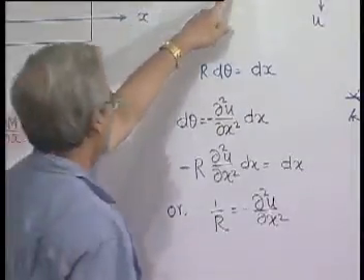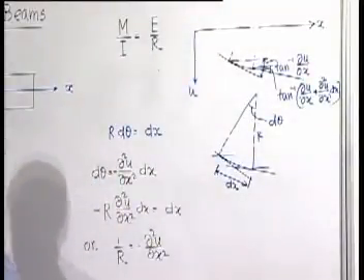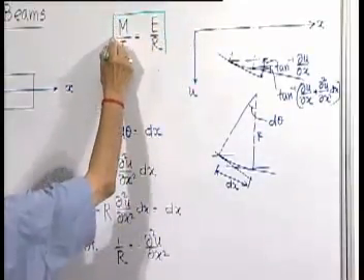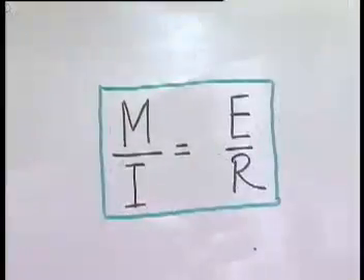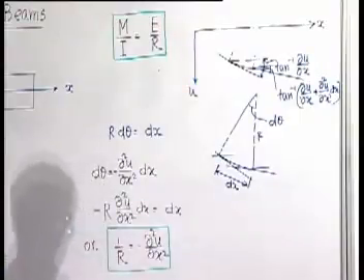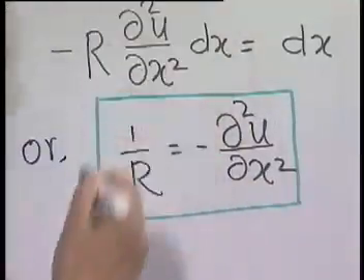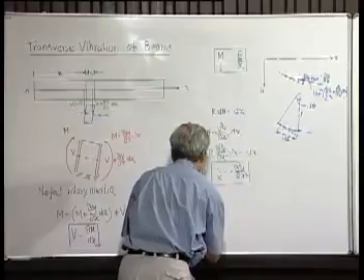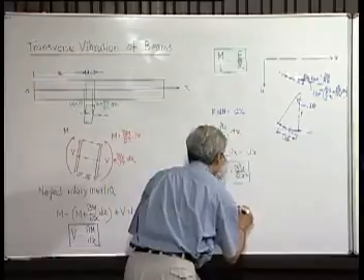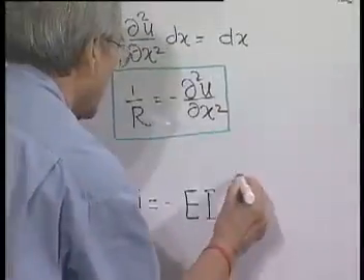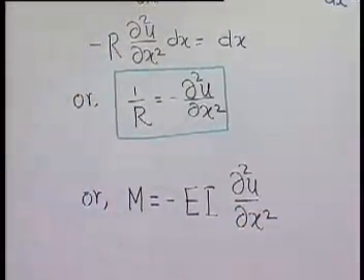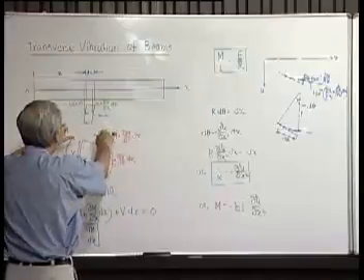So we can write in this equation, using this standard equation, and now we have got another relationship. Using this in this, we get m is equal to minus EI del 2u del x square. Now, this is the positive definition of m.